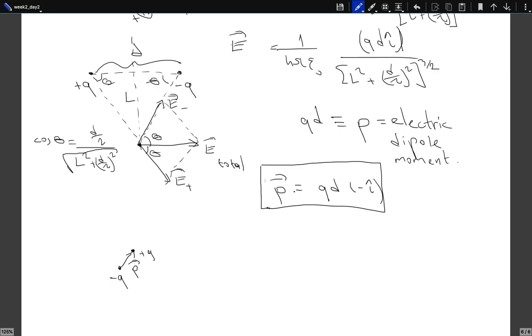Well, let's see. The force that a system feels will be the force acting on its various parts. You just sum the forces.